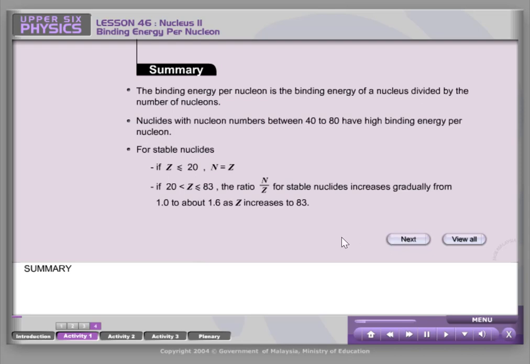For stable nuclides, if Z is less than or equal to 20, N equals Z. If Z is greater than 20 and less than or equal to 83, the ratio N over Z for stable nuclides increases gradually from 1.0 to about 1.6 as Z increases to 83. Nuclides with Z greater than 83 are unstable.